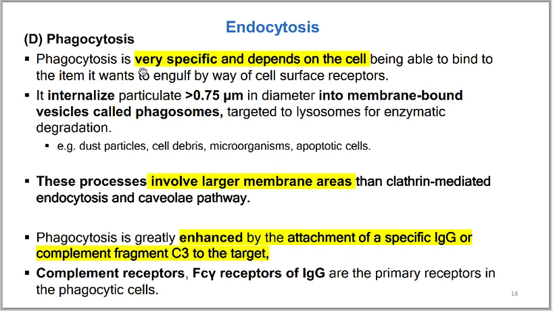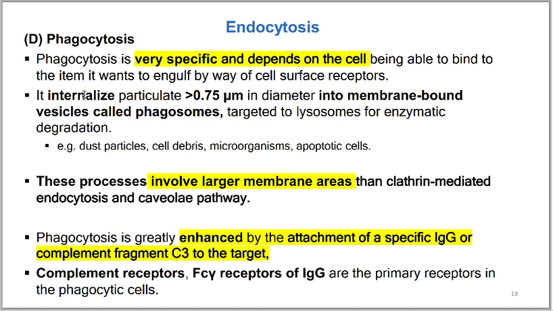This process is very specific and depends on the cell being able to bind to the item it wants to engulf by way of cell surface receptors. It also depends on the material to be engulfed.